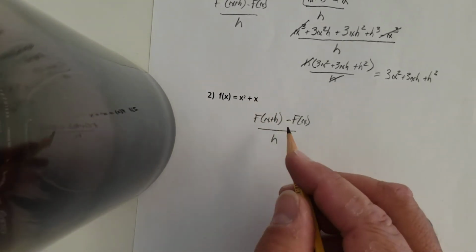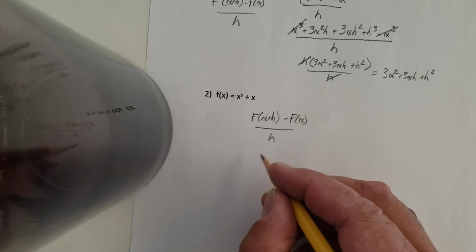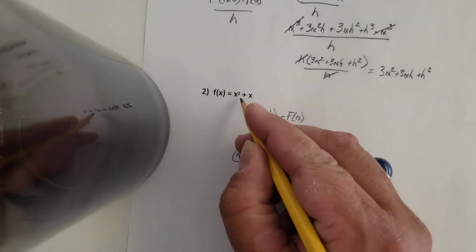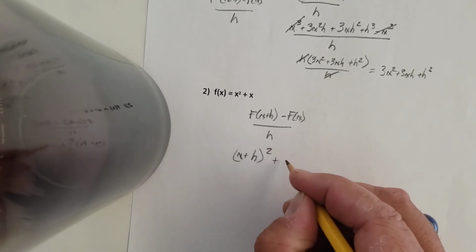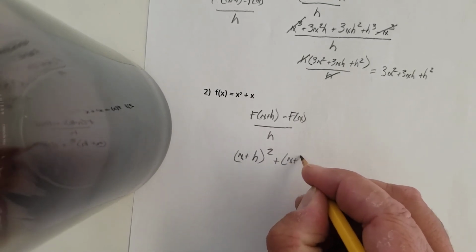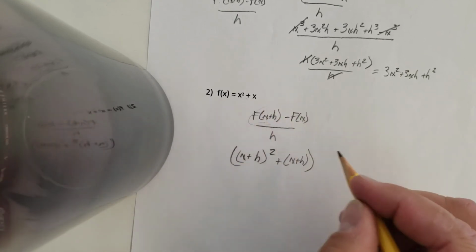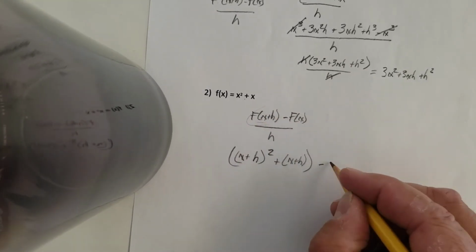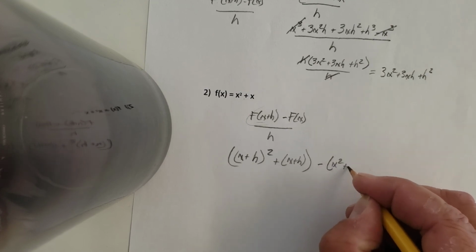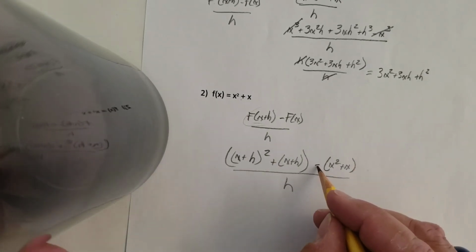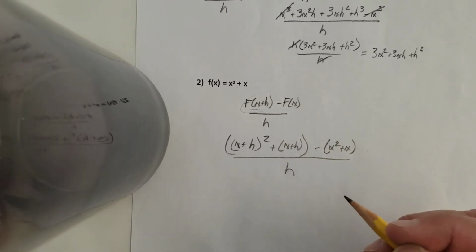So when you look at it, x plus h squared plus x plus h, that's the first piece. That's this here, going into here, minus x squared plus x. Now I put that in parentheses because you understand you have to distribute this negative sign.